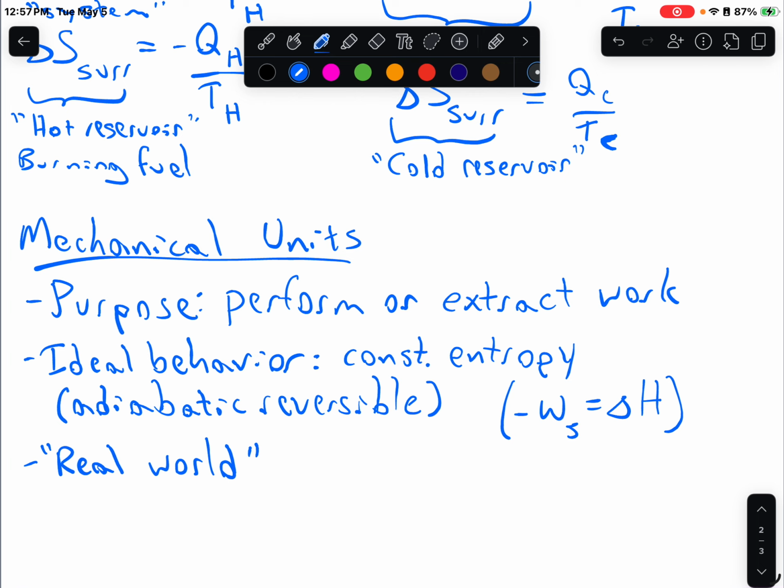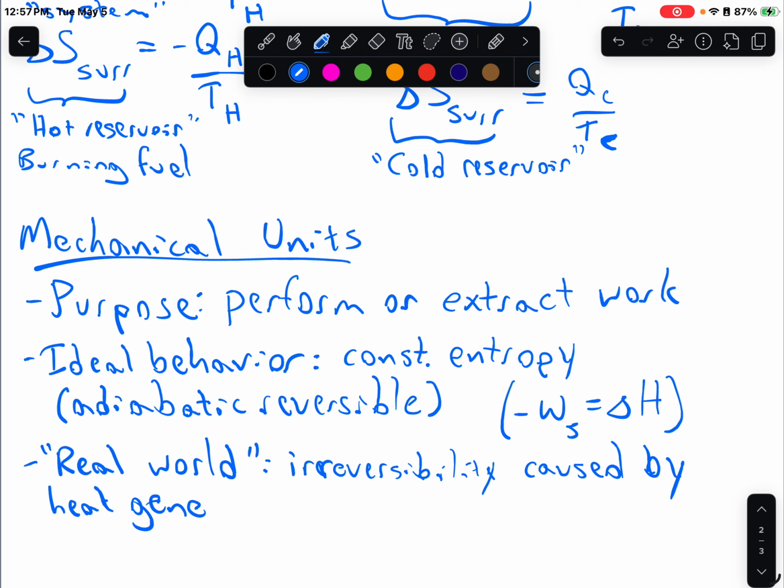So in the real world, you have irreversibility caused by heat generation, say friction.